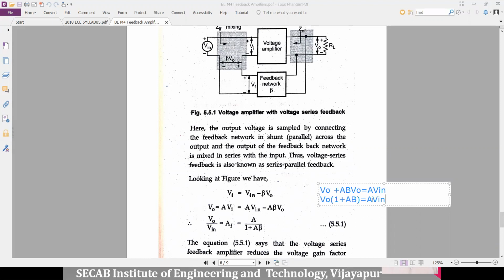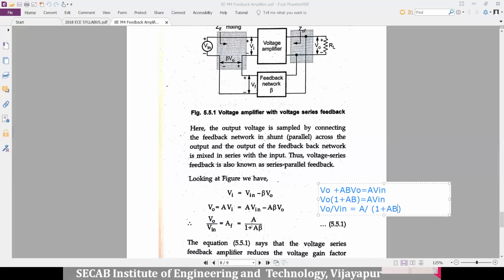Now if you send this V in over here, it becomes V naught divided by V in is equal to A divided by 1 plus A beta.